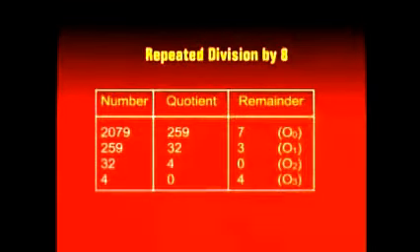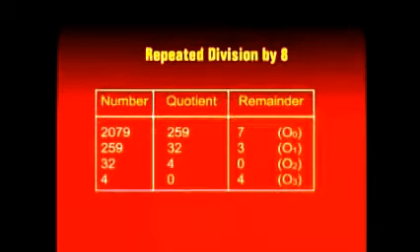Now let us consider the conversion of a decimal number into an equivalent octal number. The decimal number is 2079. It is divided by 8, which results in a quotient value of 259 and the remainder 7. The remainder 7 is noted and the quotient 259 is divided by 8. 259 divided by 8 results in a quotient value 32 and a remainder value of 3.